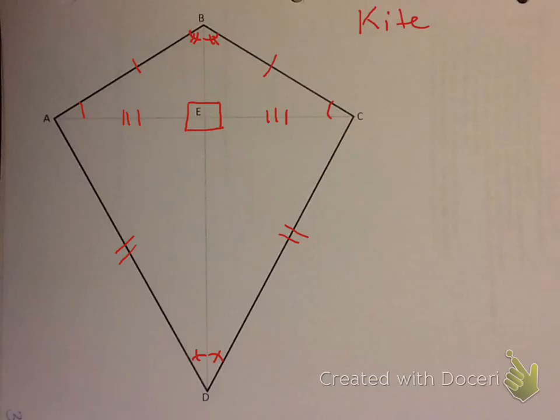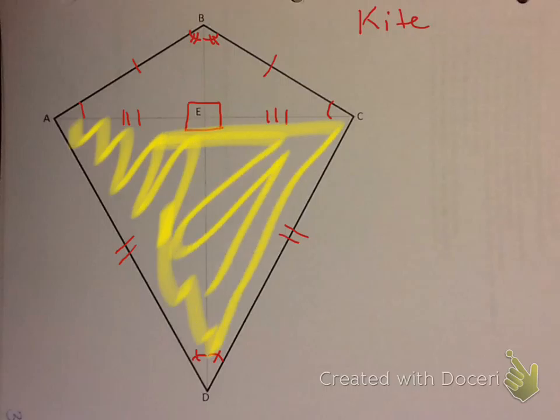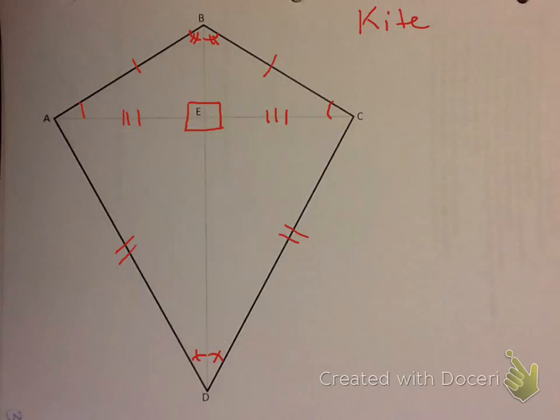And then we have the other isosceles triangle down here, and that means that base angle and that base angle are congruent to each other.